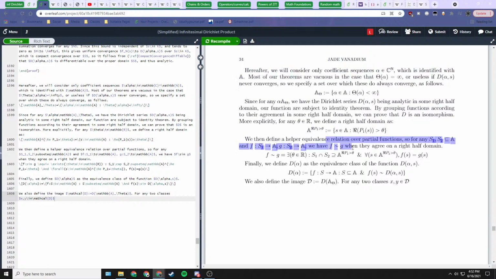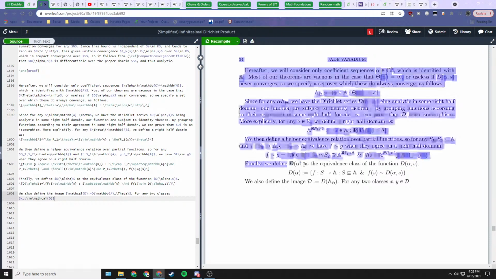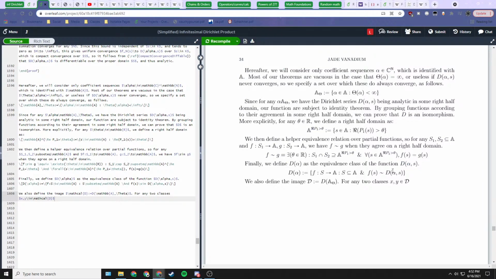This relation is satisfied when two functions agree on one of these right half domains. And D of alpha is the equivalence class of D alpha s, for agreement on some right half domain. Just to be super clear about that.